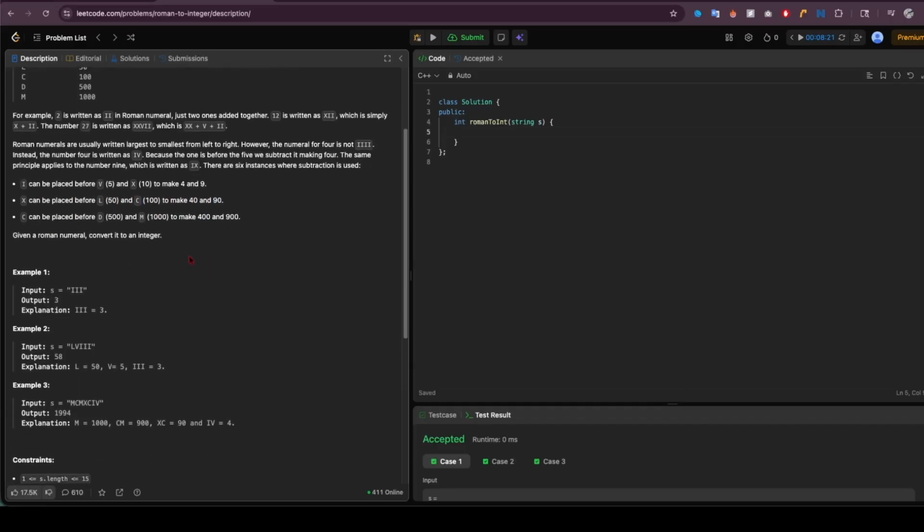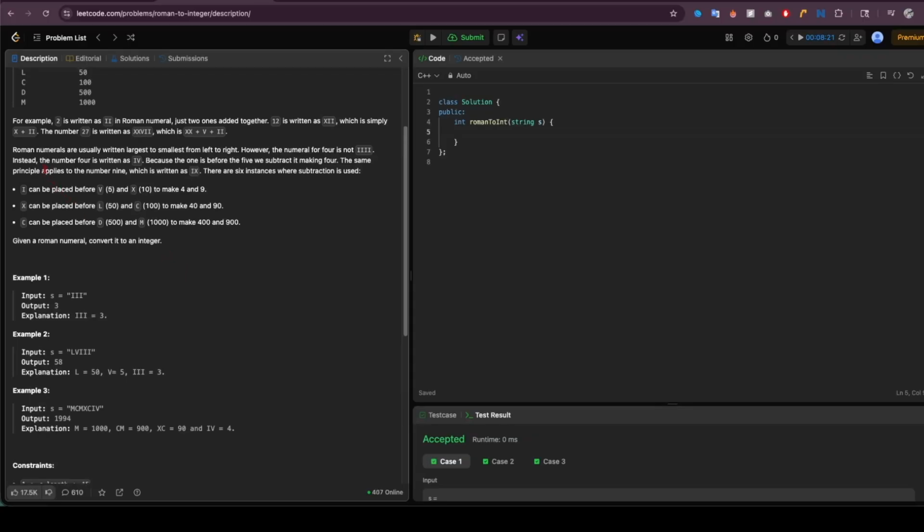If we have a look at the principle of these numbers, we consider the current character and the following character.